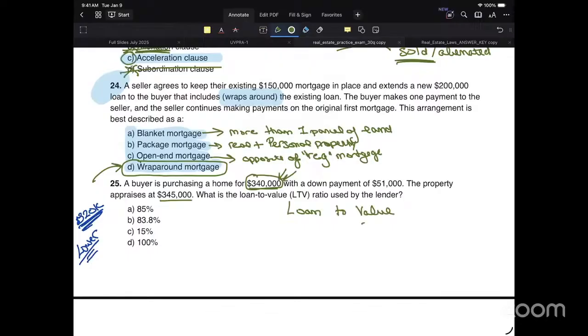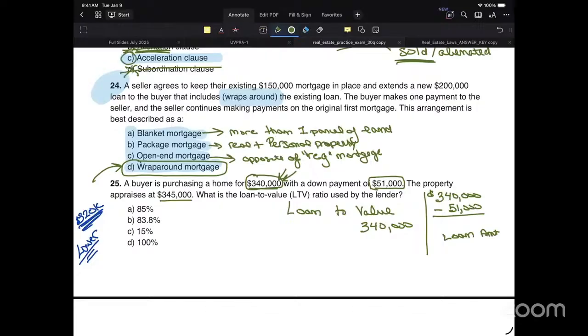So our value is $340,000, and our loan is going to be what is remaining once they pay the $51,000. So if they owe $340,000 to the seller, but they're putting down $51,000, whatever's remaining is the loan amount.